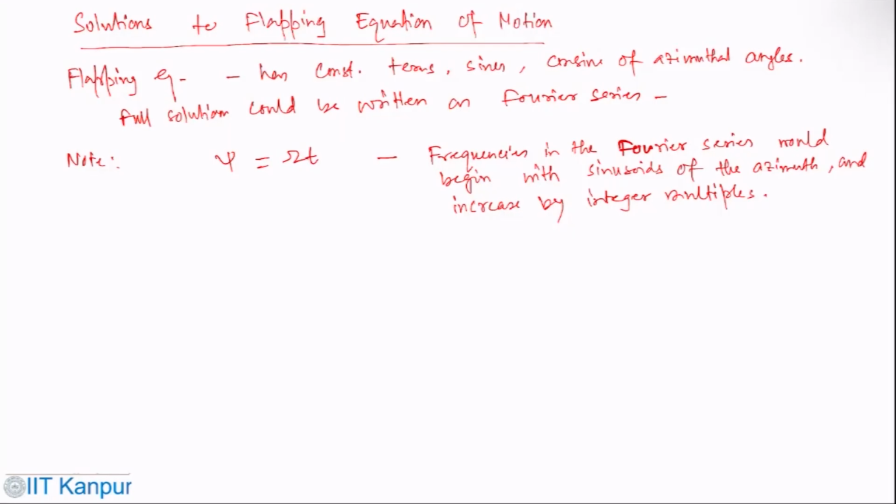Now, a good approximation could be a sum of cosine and sine terms of the azimuth angles. So that could be a good approximation.